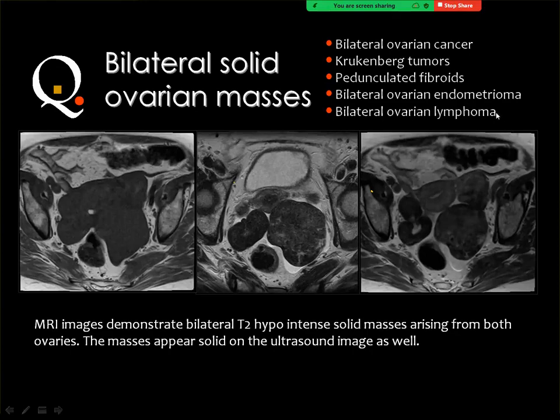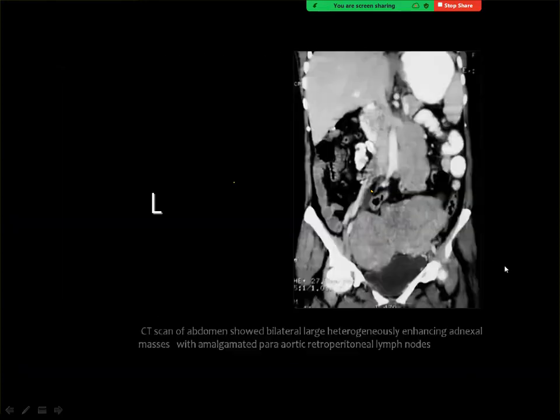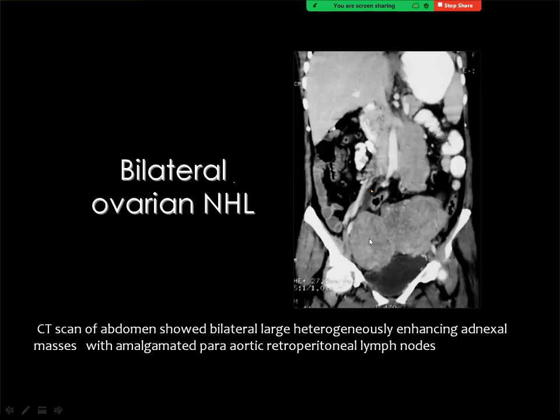And you know, ovarian lymphoma is somewhat rare. Ovarian endometrioma may have a cystic appearance, clearly identified, not like this. And pedunculated ovarian fibroids from the uterus may be, and Krukenberg and bilateral ovarian cancer. Then this is an example of bilateral ovarian non-Hodgkin lymphoma, two big masses in the region of the ovary, as well as enlarged, bulky, homogeneously enhanced lymph nodes.